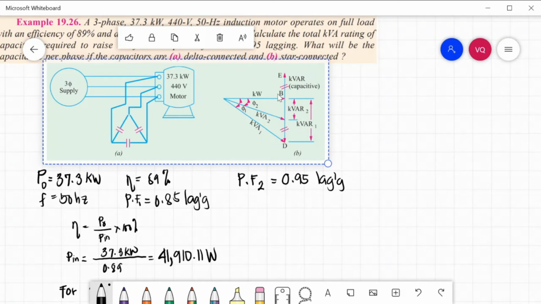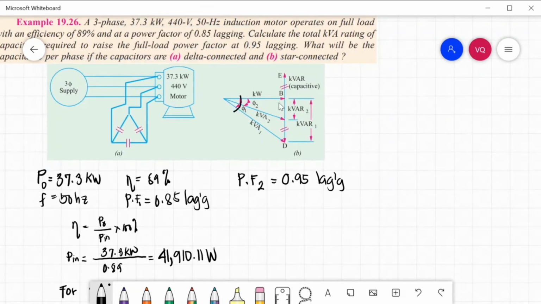So, this is the theta 1 or the phi 1, and this is its kvar or the Q. Q is the var. For theta 2 or phi 2, ito naman yung kvar ng theta 2. Also, its apparent power is for kvar 1, this is the apparent power S kVA 1, and for kvar 2, this is the apparent power kVA 2.